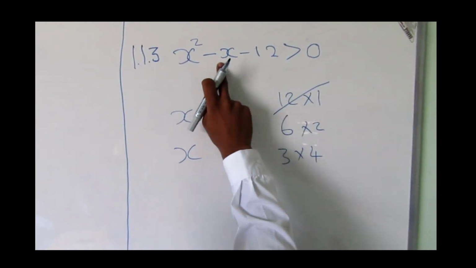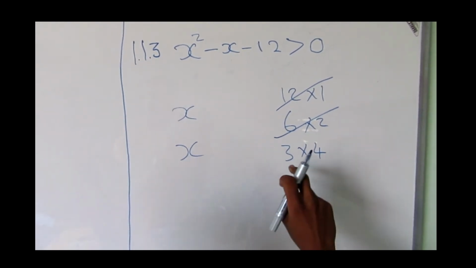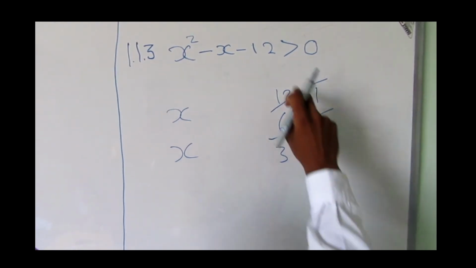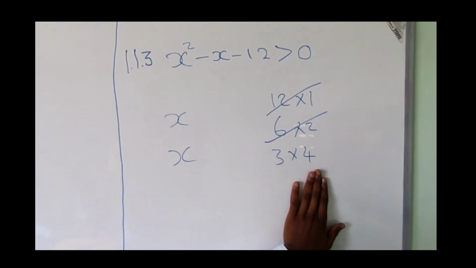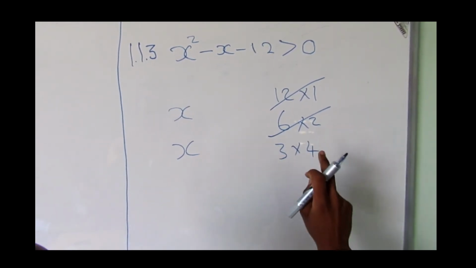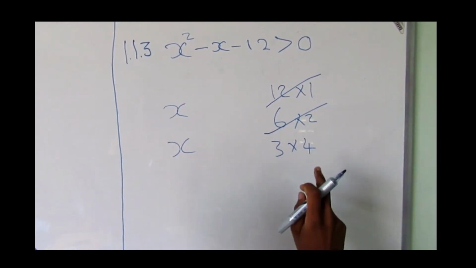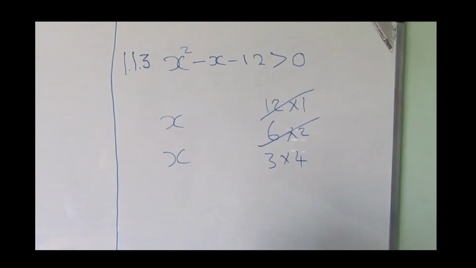It doesn't give us negative x also. It's out. Then the third one is 3 times 4. It gives us 12 also, but when you subtract, 3 minus 4 is negative 1, that is negative x. 3 plus 4 is 7, so we are going to take this one and subtract it.